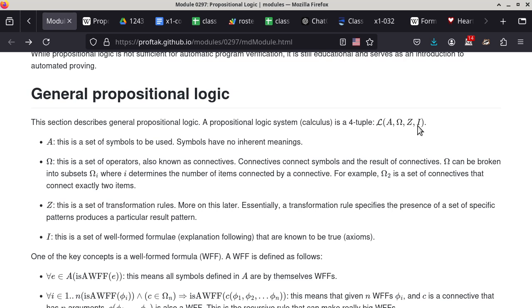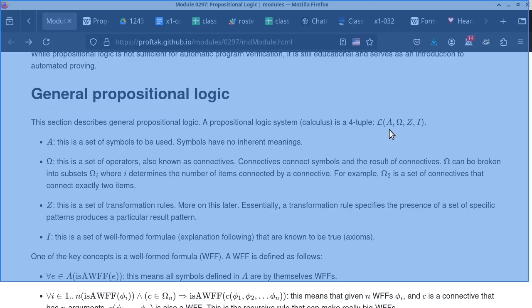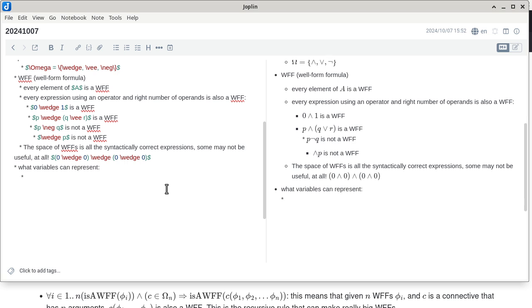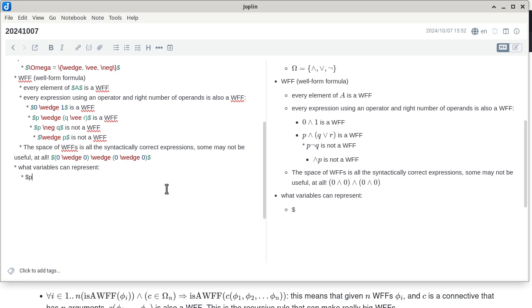Because you can assign meanings to every symbol in alpha, I'll give you an idea. Before we talk about iota, let's talk about what variables can potentially represent. This is going to be a funny example. P is whether tax classes are super boring.